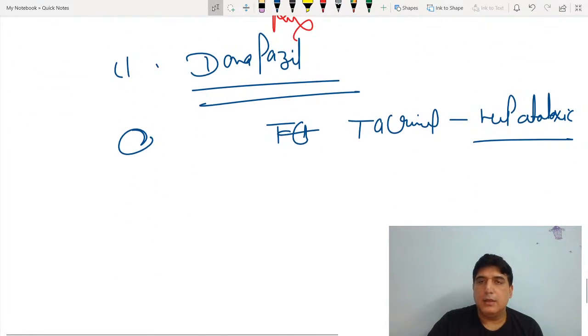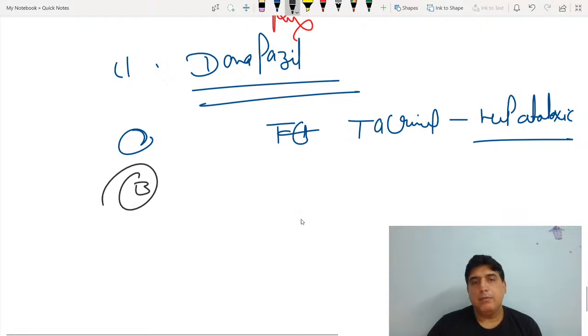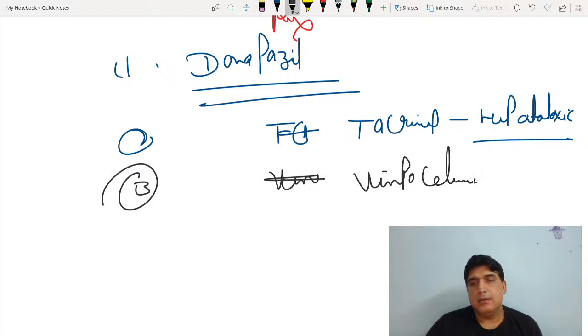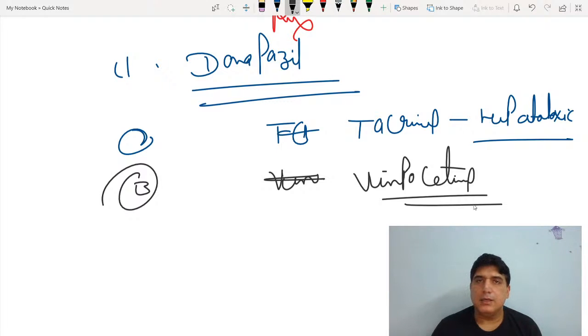And we have vinpocetine. Vinpocetine is a phosphodiesterase 1 inhibitor we use in Alzheimer disease and Parkinson disease both. Alzheimer disease and Parkinson induced dementia both.